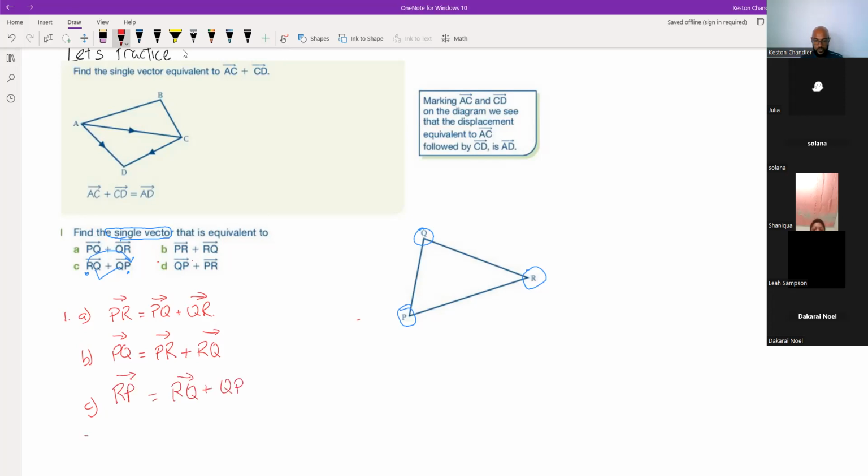And last one, if we do Q now to P and then P to R, that's the same as going from Q straight to R. So QR is equal to Q to P plus P to R. That's this.